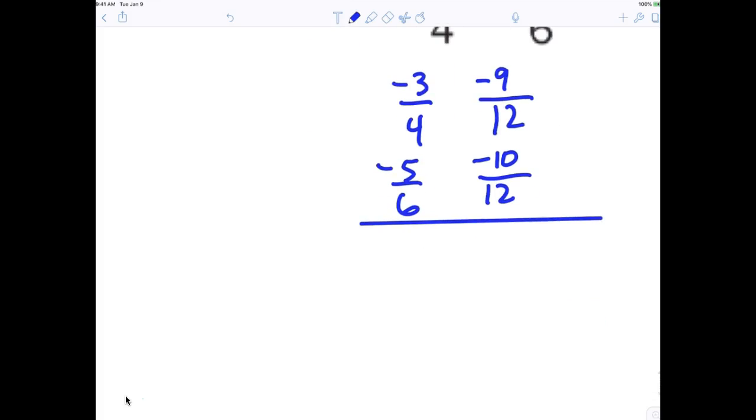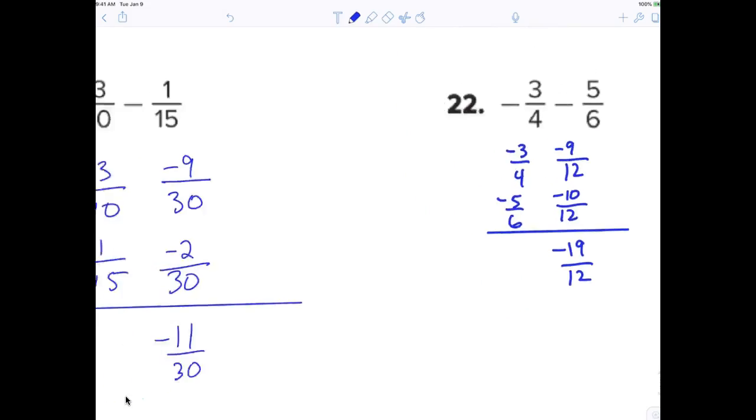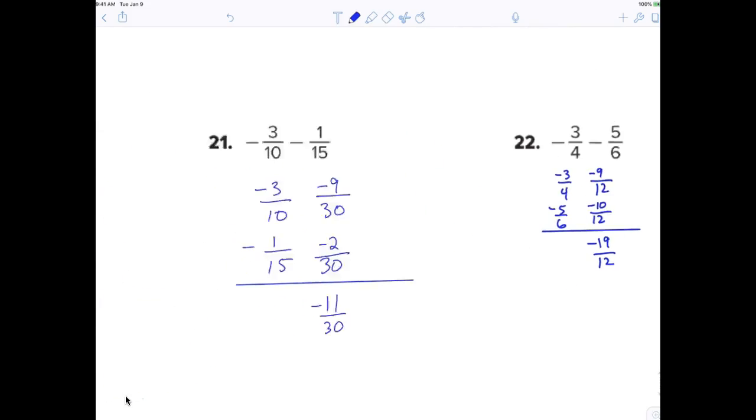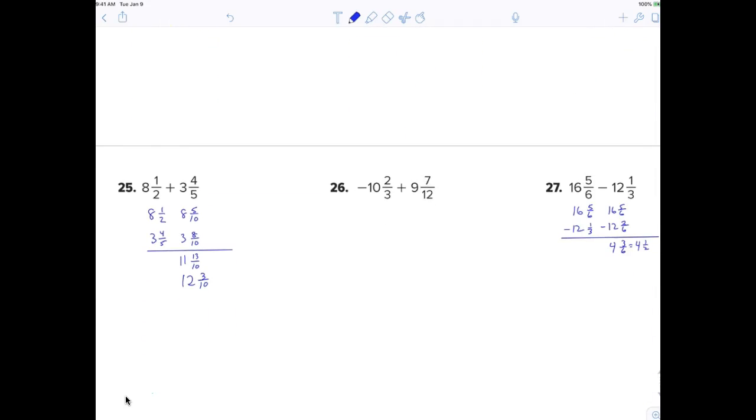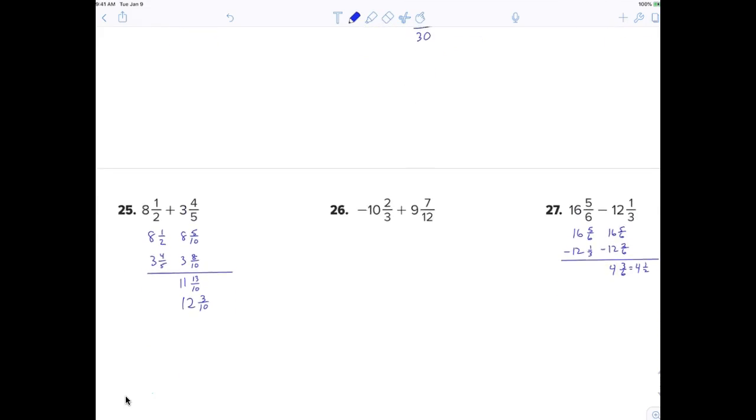So your final answer? -19/12. Beautiful. All right, Jack, I appreciate you. Let's do 24. No, I mean 26. 24 was a word problem.